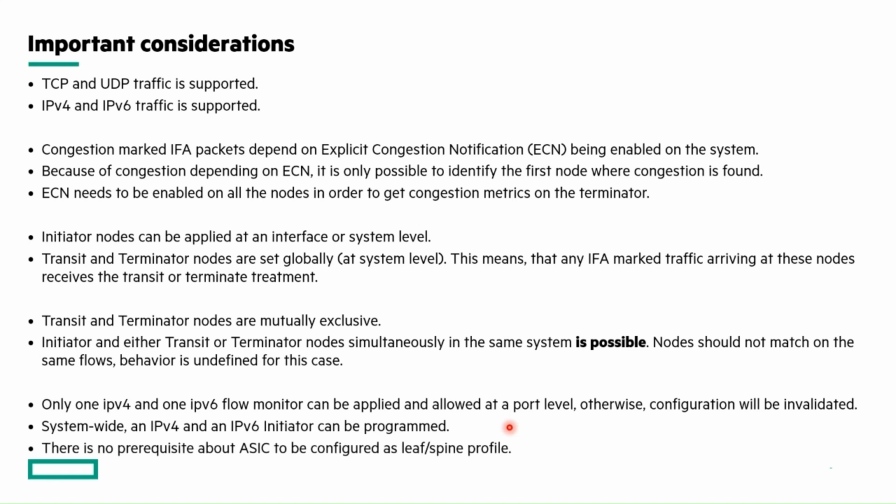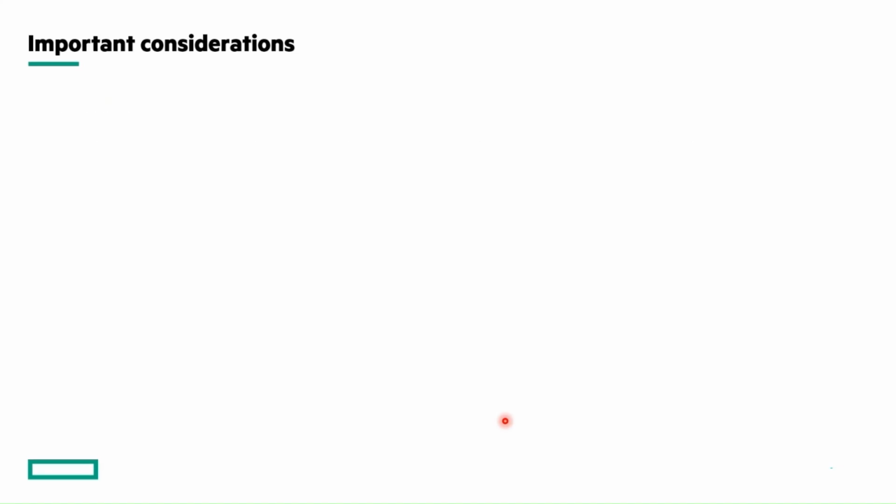There is no prerequisite about the ASIC to be configured as leaf or spine profile in the case of leaf spine configuration. Now, IFA uses a hardware mirror session that does not interfere with mirroring or sFlow.